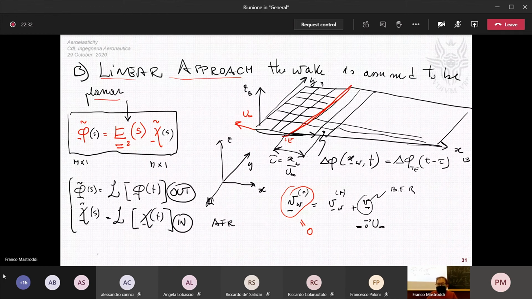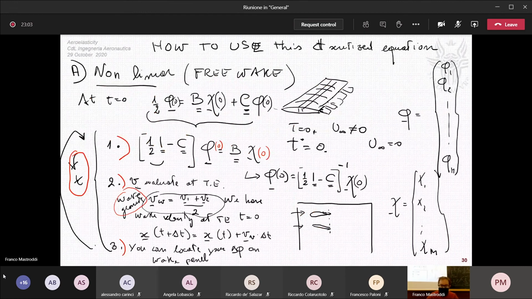Well, here I am first assuming, in this linearized approach, the wake to be flat or planar, generated by the trailing edge line during the motion. Okay? And so the wake geometry is not an unknown as in the previous formulation.